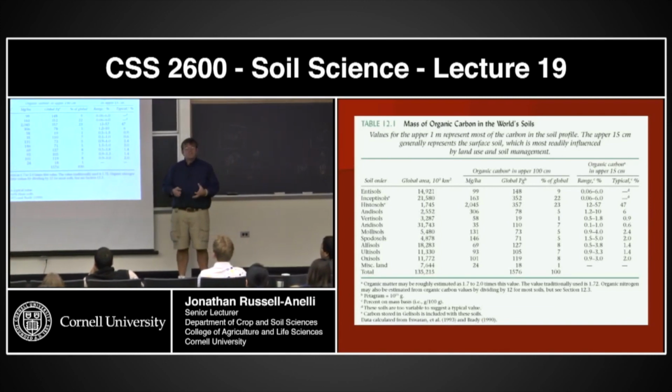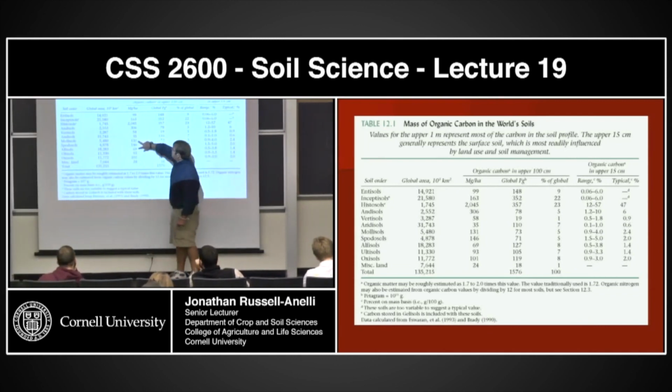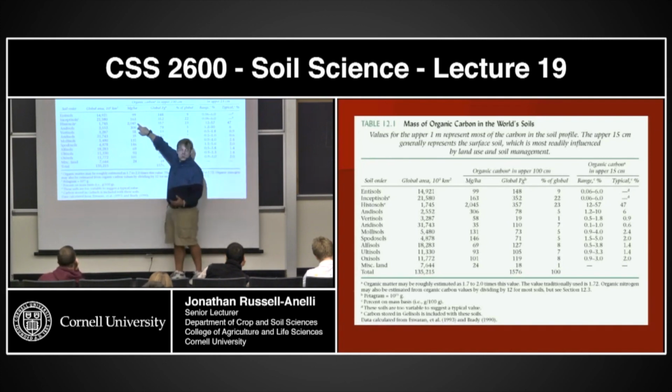So the take-home message is just because you have a lot of organic matter doesn't necessarily mean it's good, and just because you have a low amount of organic matter doesn't necessarily mean it's bad. It's the form of that organic matter and how you manage it. So these mollisols and alfisols have fairly low organic matter compared to the histosols, and if you look at the global composition, we're still talking about really fertile soils, even though they have a relatively lower organic carbon than the histosols.